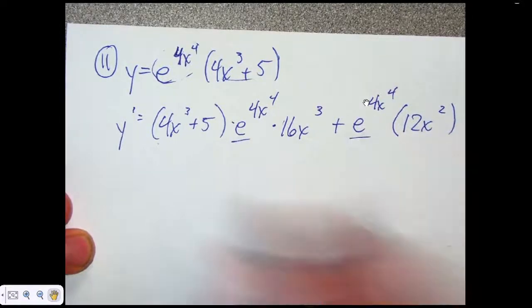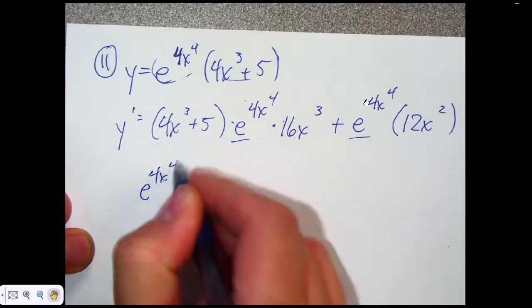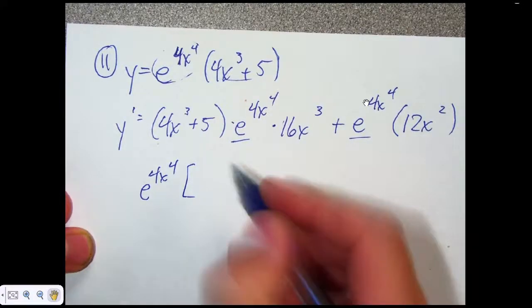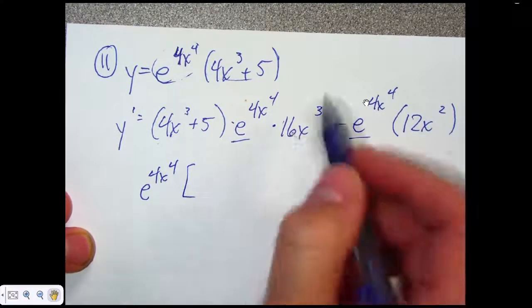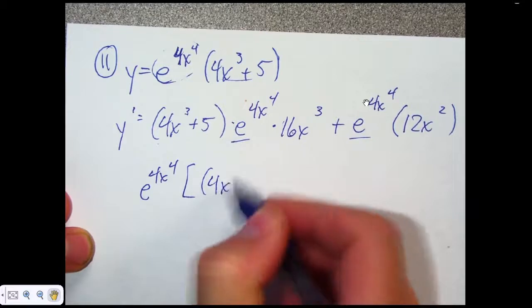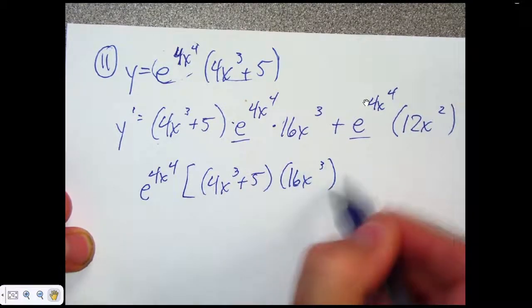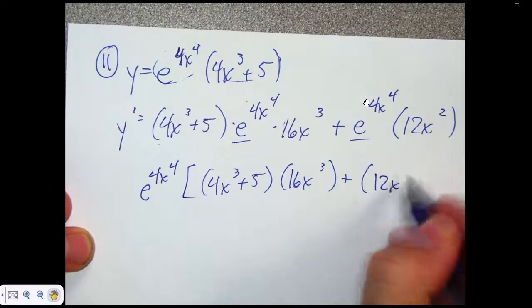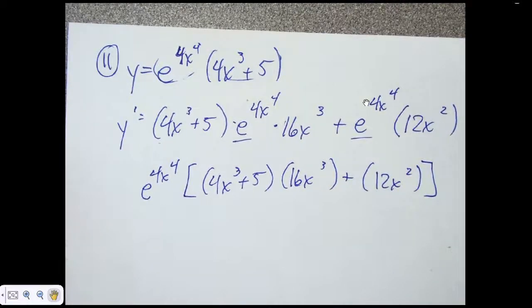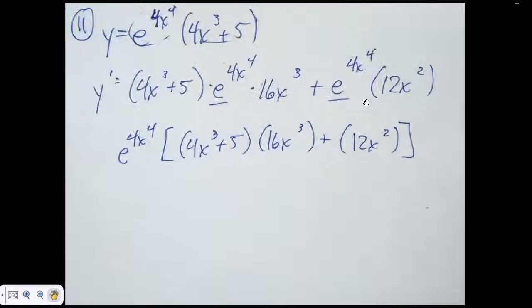So I can take e to the 4x to the 4th out in front of both of those, and then I would get, I'm going to clean this up on the inside in a second, but it would look like that. That's probably the main point of my lesson today.